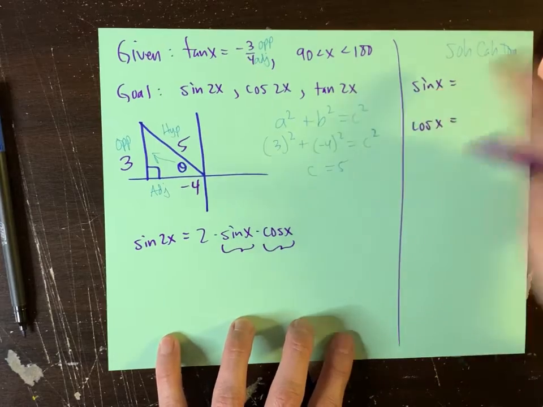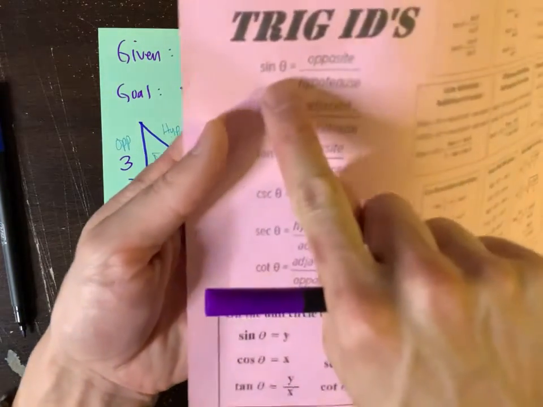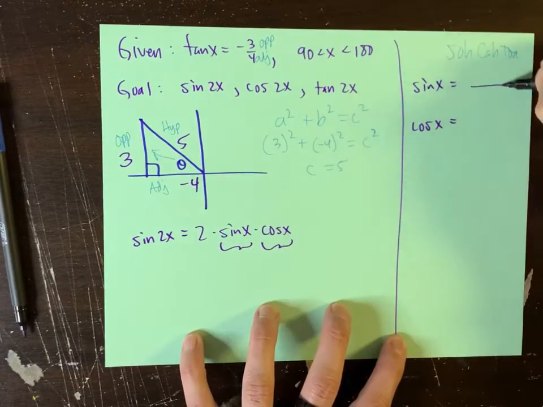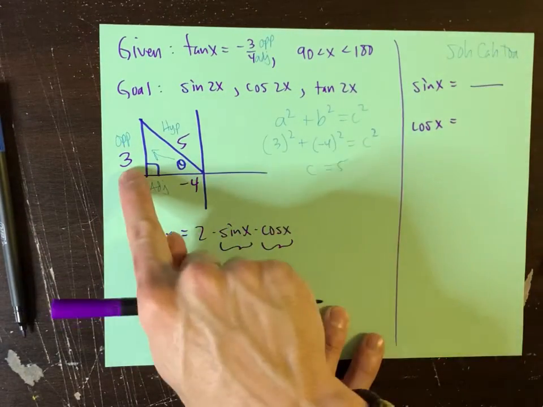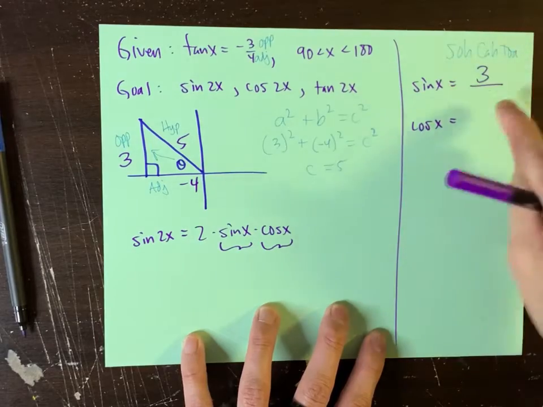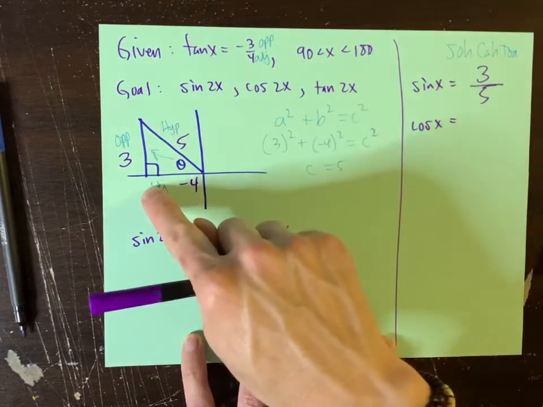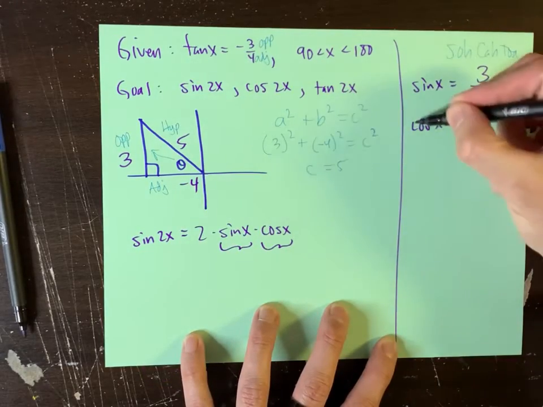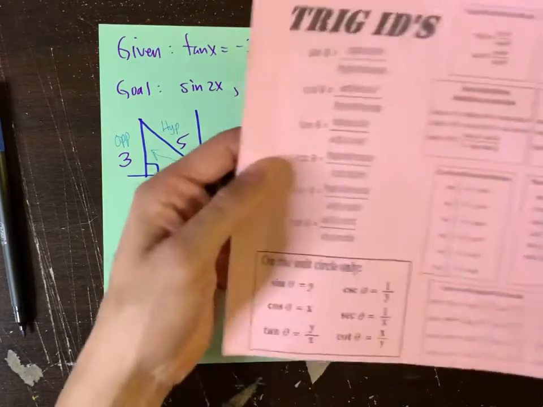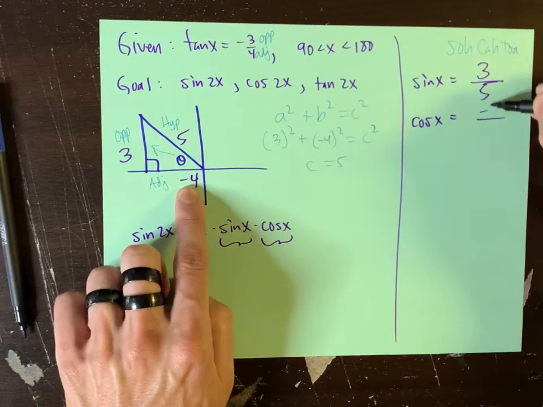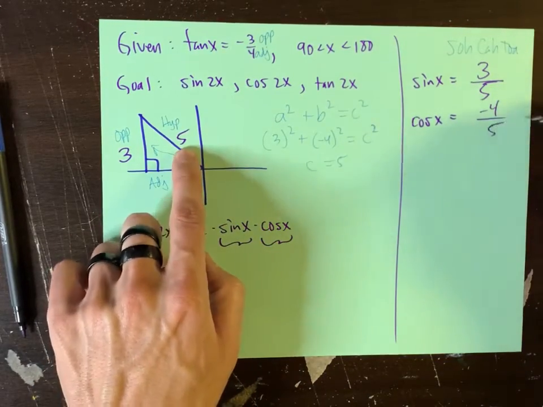So sine is, if you remember SOHCAHTOA, sine is opposite over hypotenuse. So sine equals the opposite, which is there, over the hypotenuse, which is there. That's why a diagram is so clutch, because it helps you with SOHCAHTOA. What about cosine? Cosine is adjacent over hypotenuse. So our adjacent is that, and our hypotenuse is that.